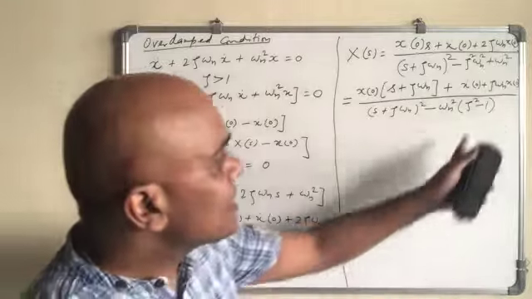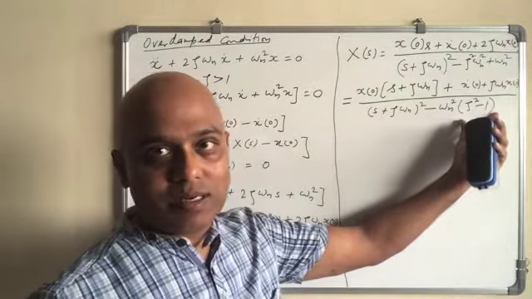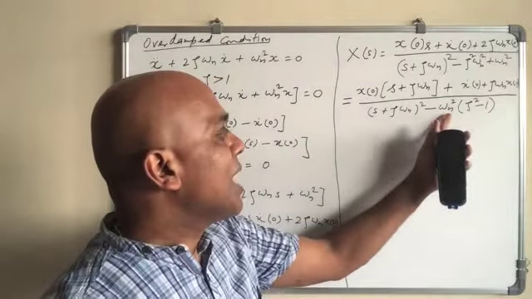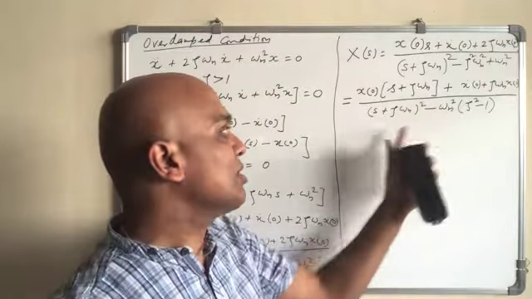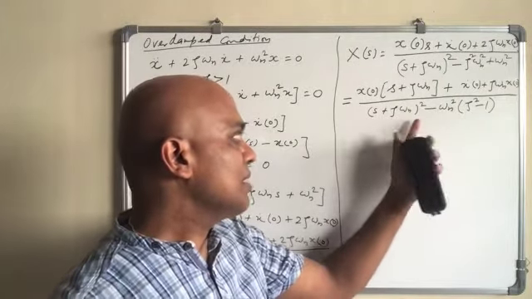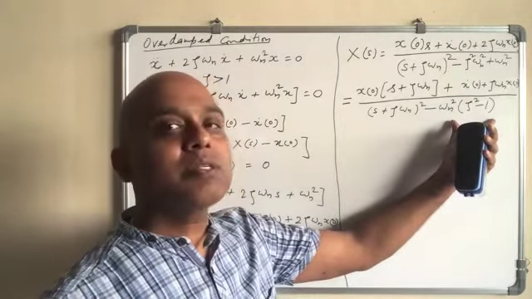Since zeta is more than 1, this will be a positive number. So omega n square multiplied by zeta square minus 1 will be a positive number, the whole thing. So here we have a square minus a positive number.